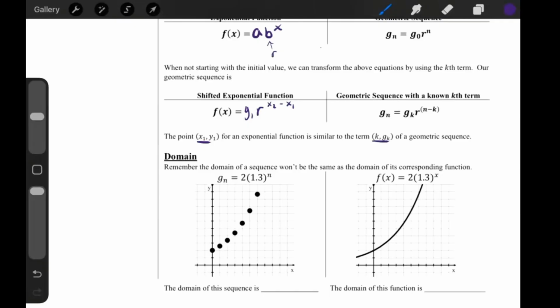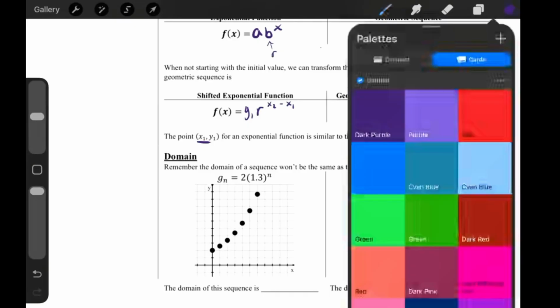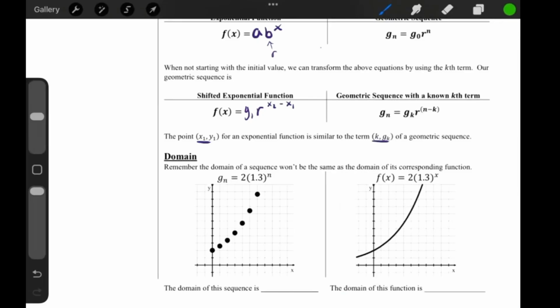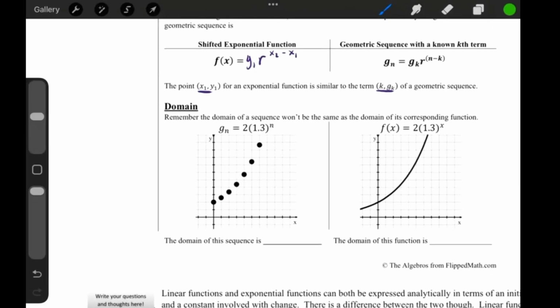Remember that the domain of a sequence won't be the same as the domain of a corresponding function. What that means is that here our domain is simply and strictly just these points. There's no line going through it, therefore they are individual points. If we were to write our domain for this, we would have to write each individual point.